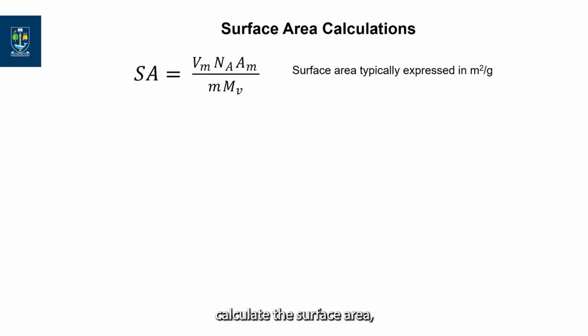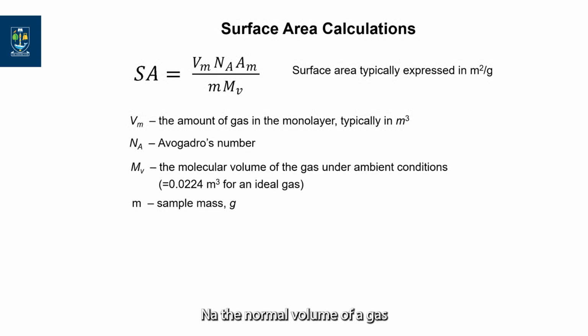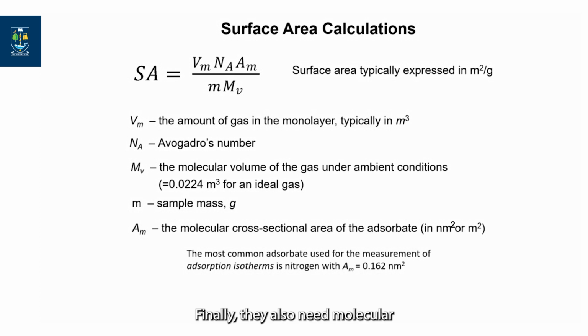In order to calculate the surface area apart from the monolayer volume, we also need some commonly used constants, like Avogadro number, Na, the normal volume of a gas under ambient conditions, MV, as well as the sample mass, M.